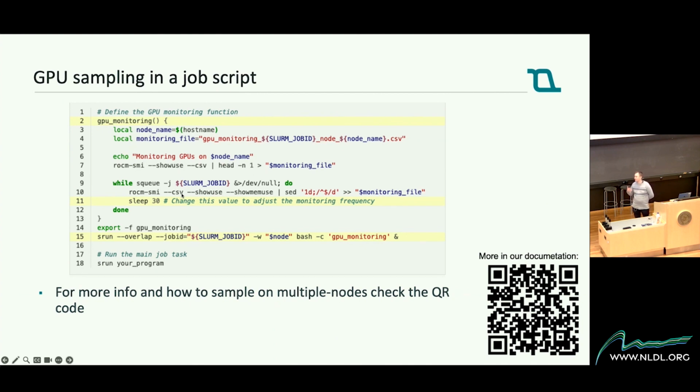Because I grew up with pandas, and so I'm used to analyzing CSVs. But there are other options, and you'll find those in the ROCm-SMI documentation. In this particular example, I'm talking about sampling on a single node. If you want to run on more than one node, in the distributed world, there's a guide for how you can do that in our documentation if you're interested.